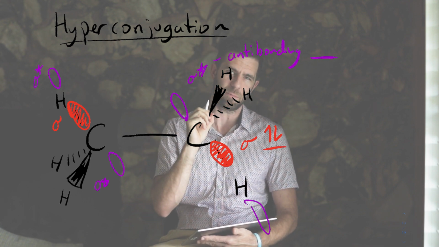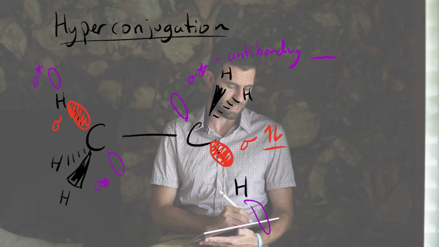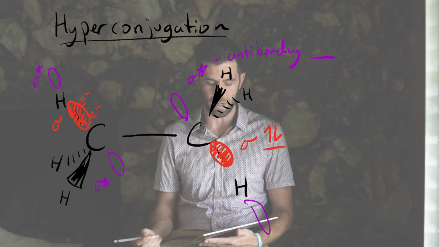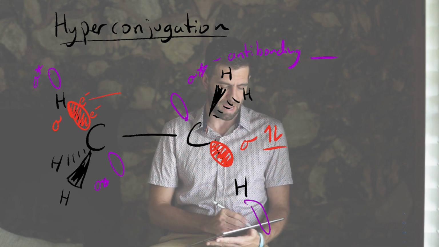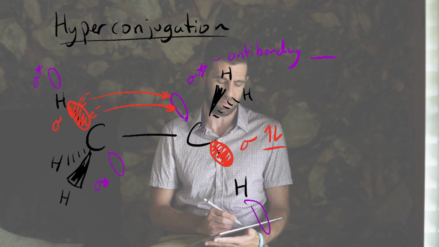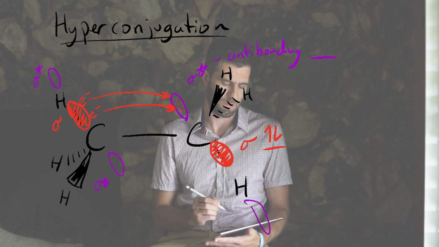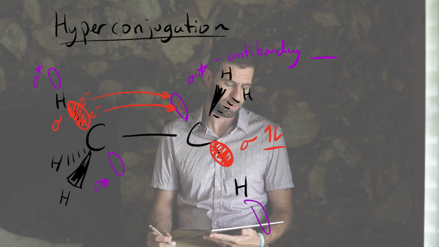And because they are perfectly in line with each other, we'll notice that these electrons right here that make up that bond, when they're perfectly lined up like this, can actually sort of share some resonance or share some density with this sigma star antibonding orbital.